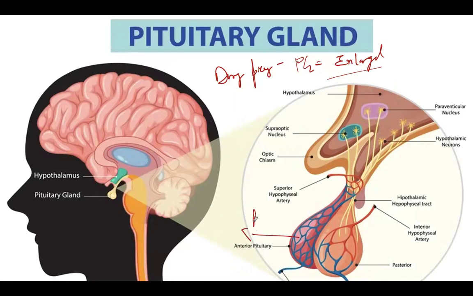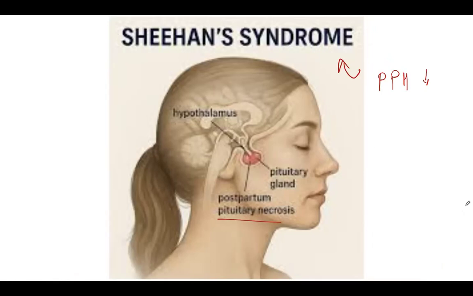Remember, in Sheehan syndrome the anterior pituitary gland gets necrosed, not the posterior pituitary gland. This is a very important MCQ. The posterior pituitary is basically spared. The most common cause is postpartum hemorrhage.